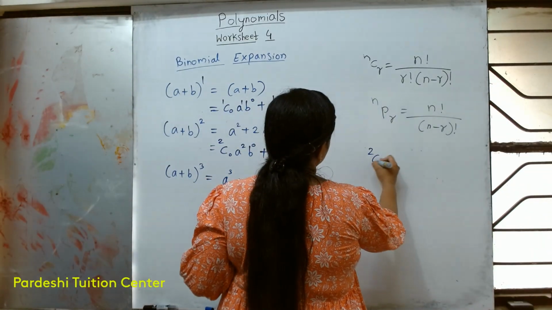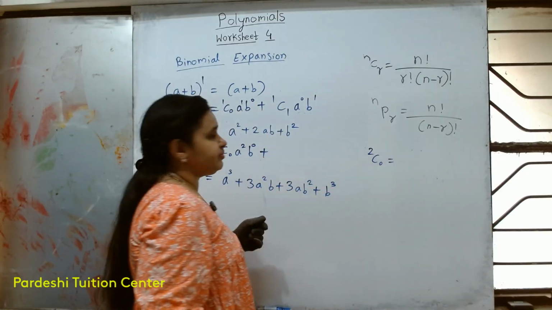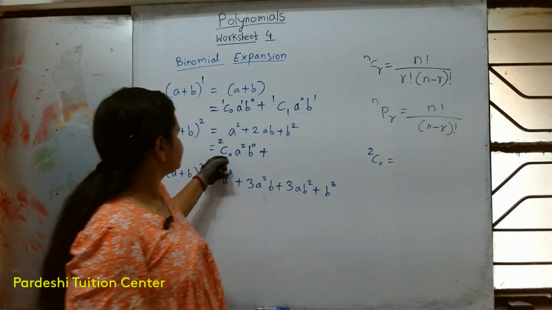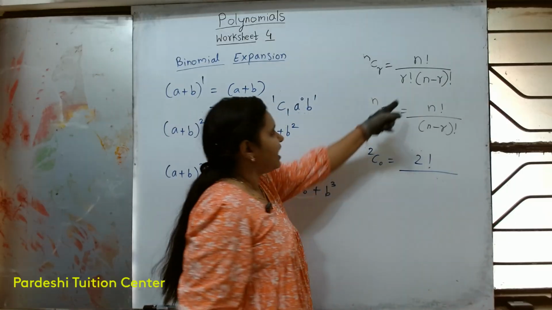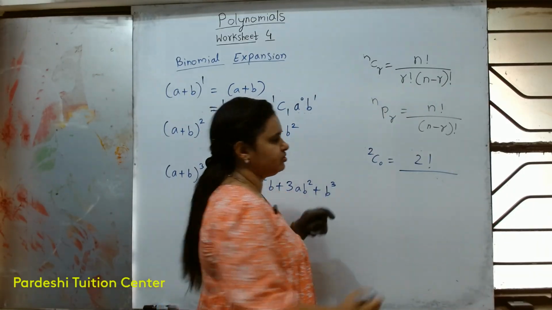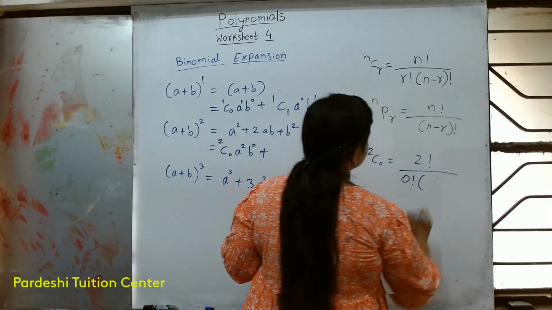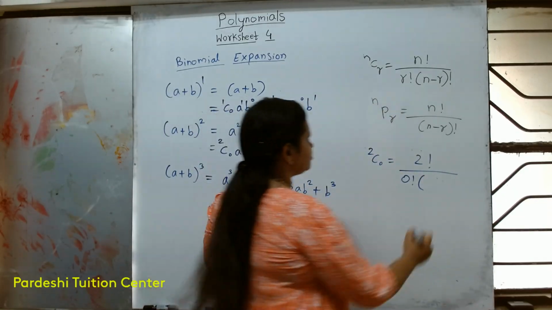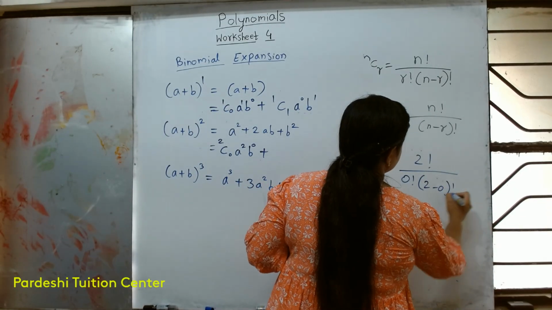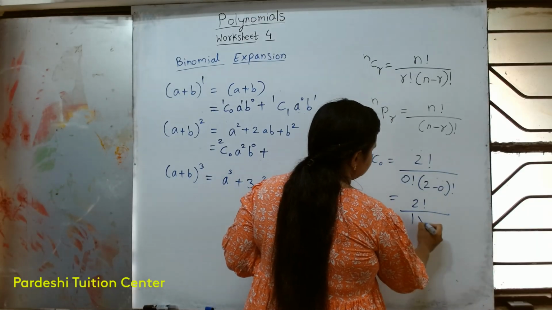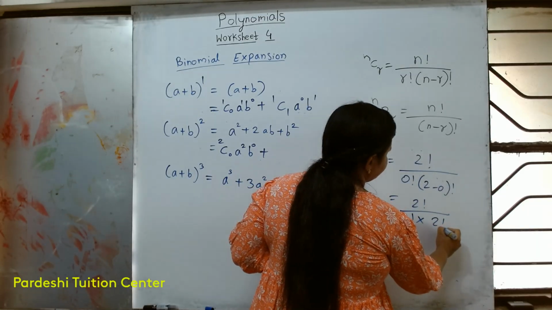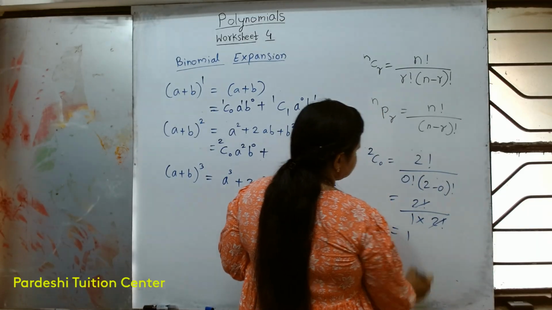If I take 2c0, it will be n factorial, meaning 2 factorial, upon r factorial, here r is 0, so 0 factorial, and n minus r means 2 minus 0. So it will be 2 factorial upon 0 factorial, which is 1, and 2 minus 0 is 2 factorial, again it is coming as 1.